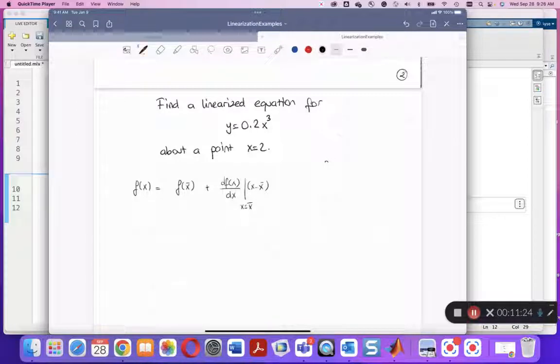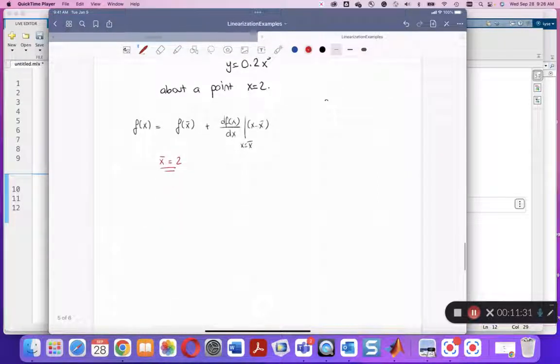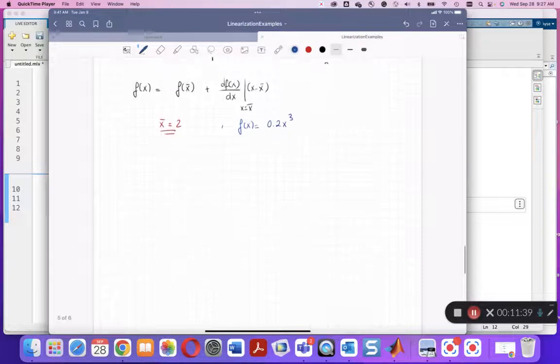Because you're trying to linearize around your operating point, x bar will be equal to 2. And your function, let's just write this, f of x is equal to 0.2 x cubed, and this is a nonlinear function because of x cubed. The function's value when x is equal to 2 will be 0.2 times 8, which is 1.6.